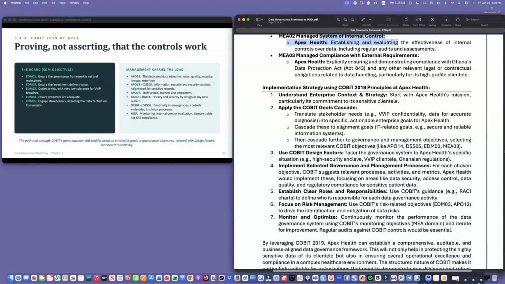Then we have MEA03. MEA is actually looking into monitoring, internal control evaluation, and in line with the Data Protection Act.